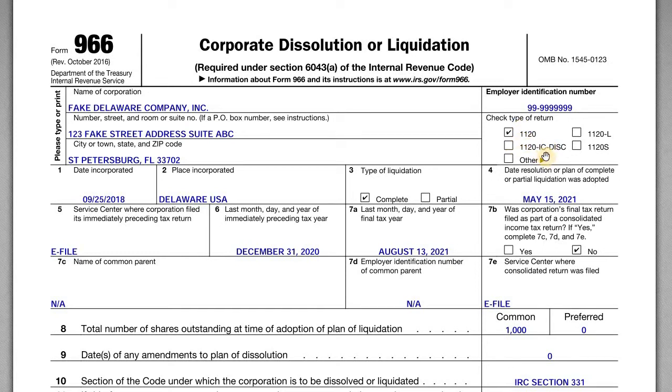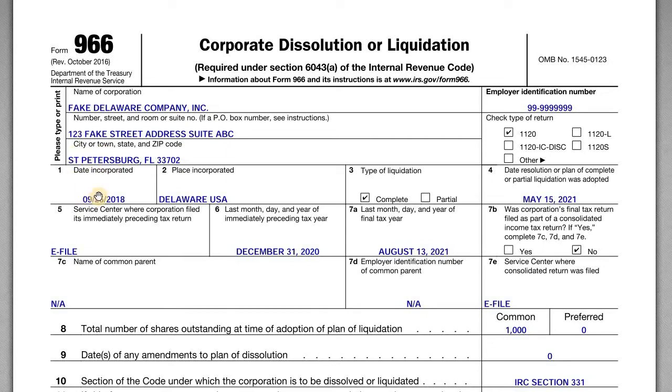If you have an S corporation that's being dissolved, you would have to do 1120S. One thing to note though is you do not file this for S corporation subsidiaries. It's only if it's an S corporation parent company that you would file this form. So in this case we have just a regular Delaware for-profit corp, so we have 1120 marked.